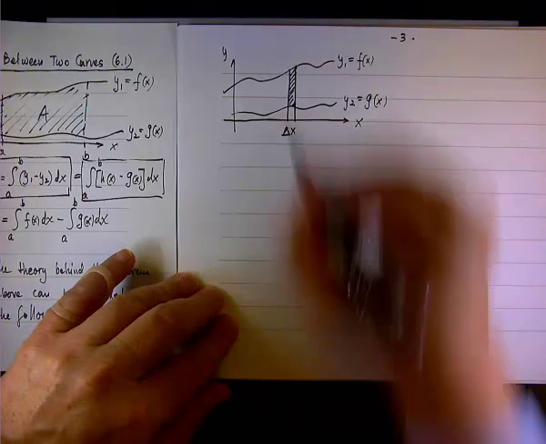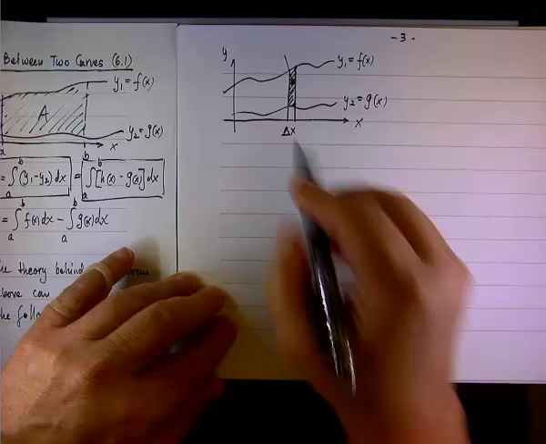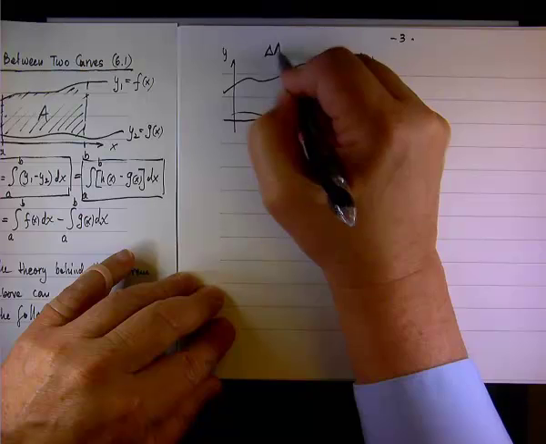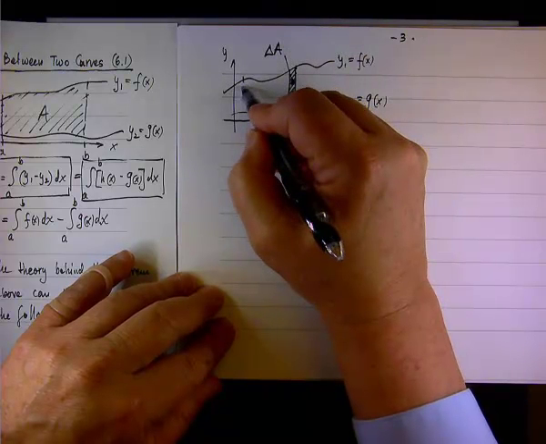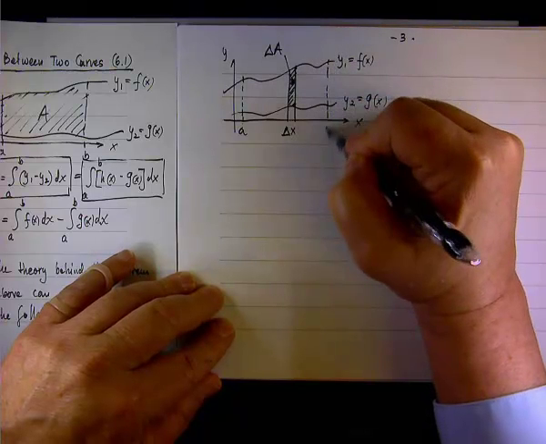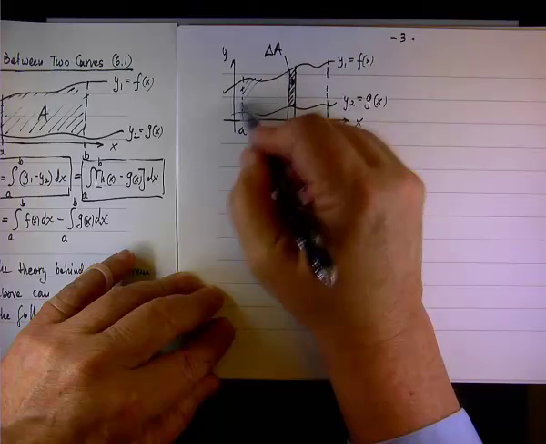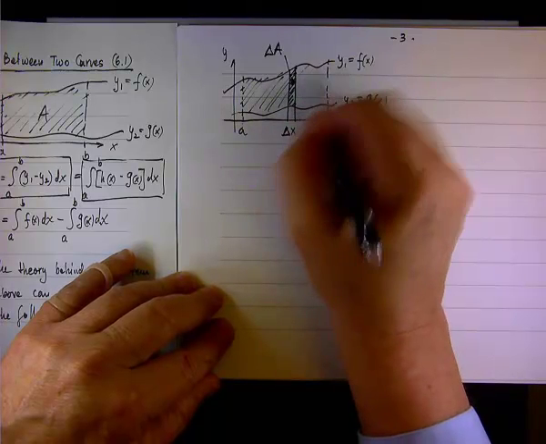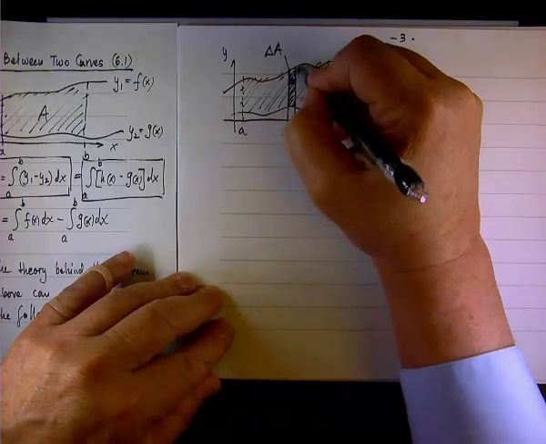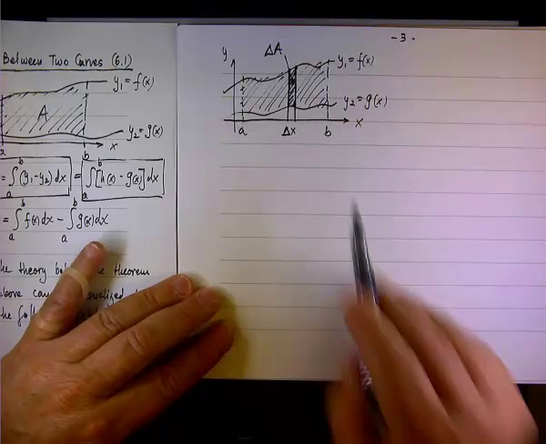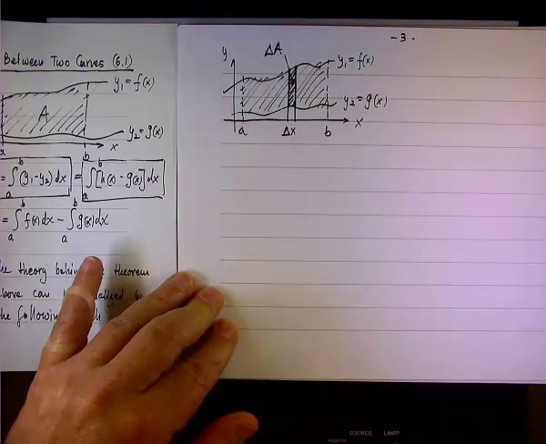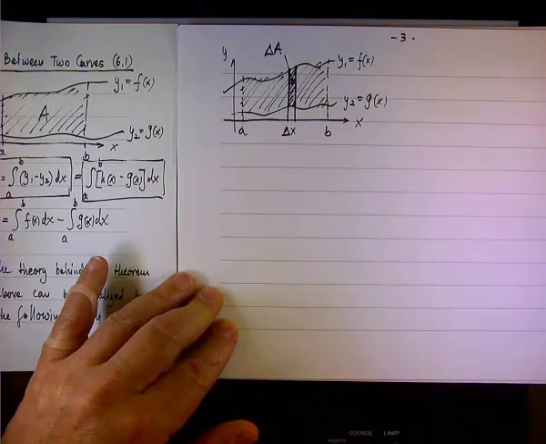I'll call this slice of area delta A, where A is the area from a to b. So A is the area captured between the two curves from a to b, but I'm going to start with a little thin slice. Eventually it will be so thin that we let delta x approach 0, so delta x will become the differential dx.